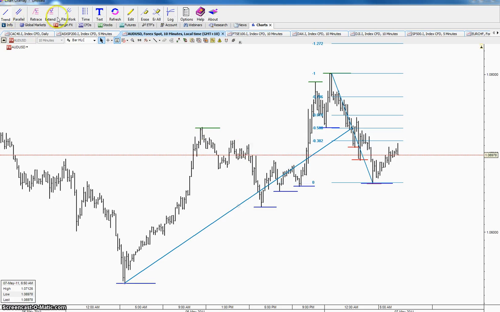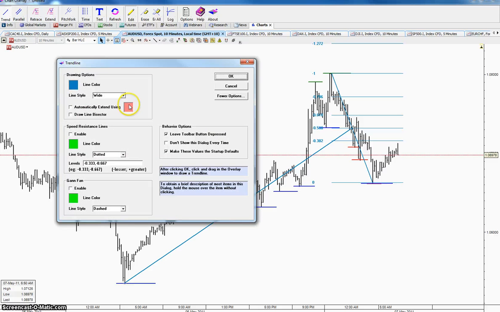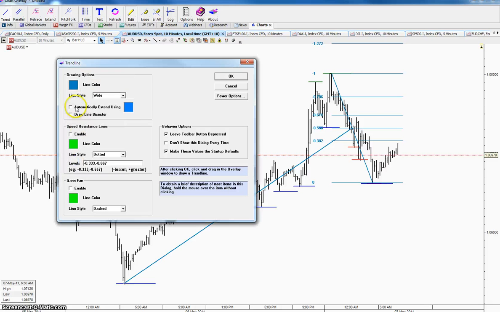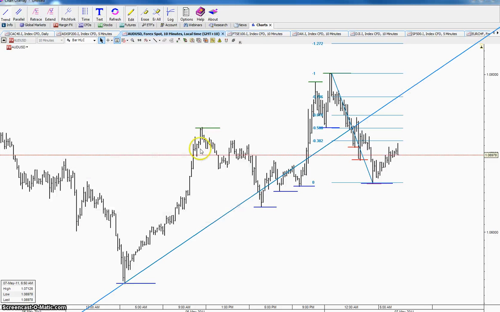We'll just edit that line, and we'll put the extension in. And that looks pretty reasonable.